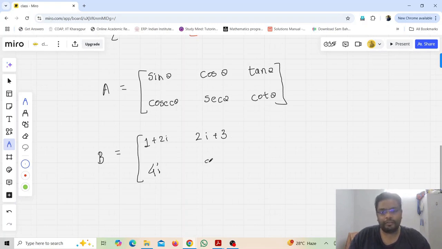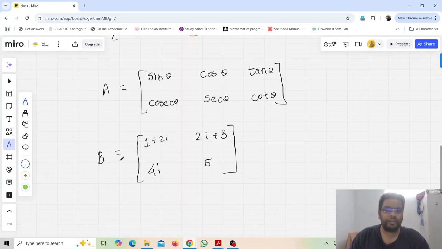And 5, where the imaginary part is 0. So you can use a matrix to create any form, or the elements can take any form. So it can be a number or a function.